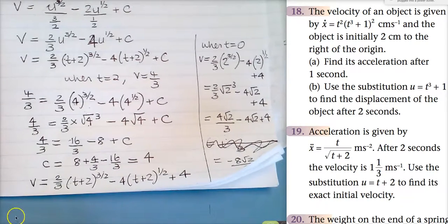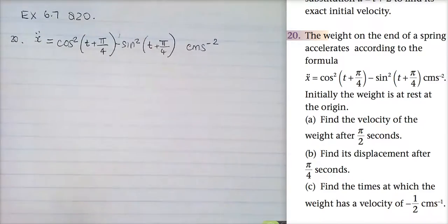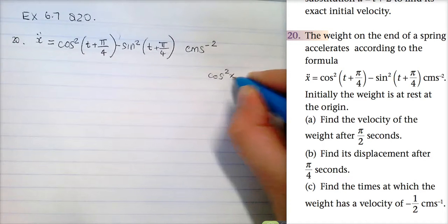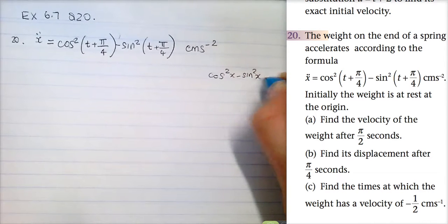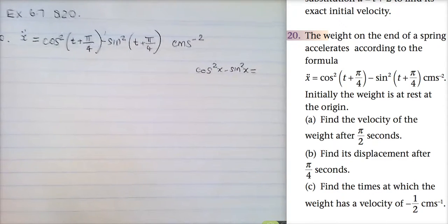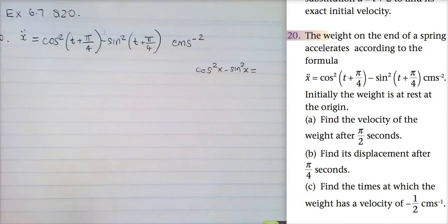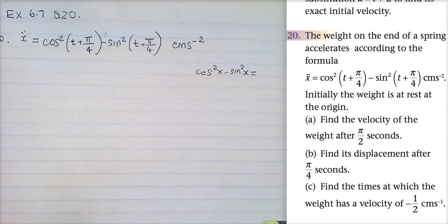Oh, goodness me. Exactly what we were going to start with in the first place. Look, when you see that result, cos squared x minus sine squared x, what does that equal? That's a double angle result. I will show you.